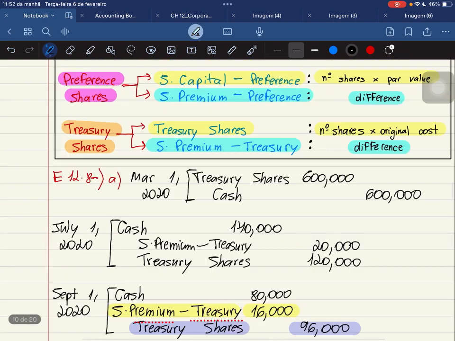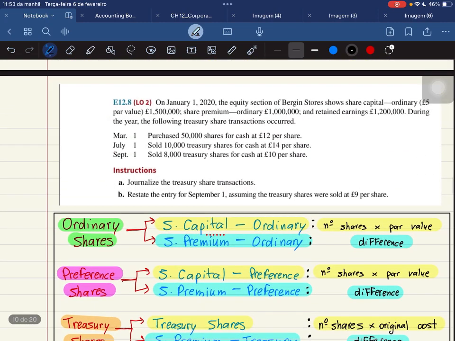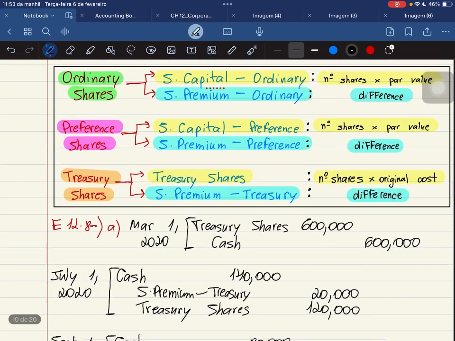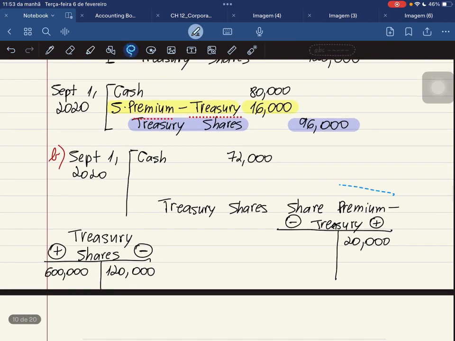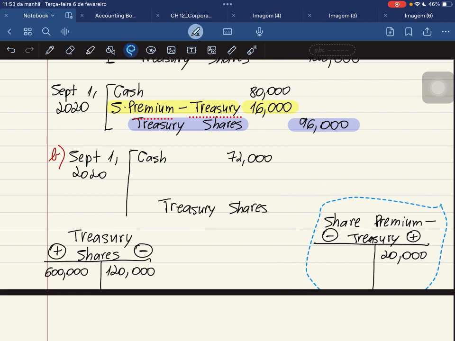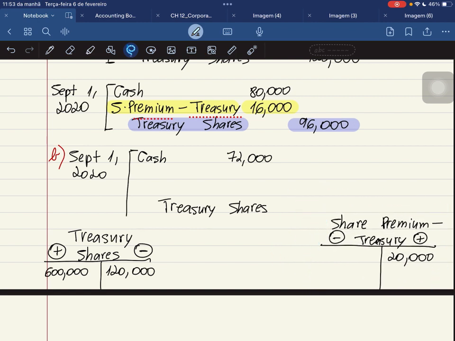So the cash is going to be that 8,000 times 9, which gives us 72,000. And the treasury shares, that is going to be that 8,000 times the amount that we paid originally, which was 12. And that gives us 96,000.